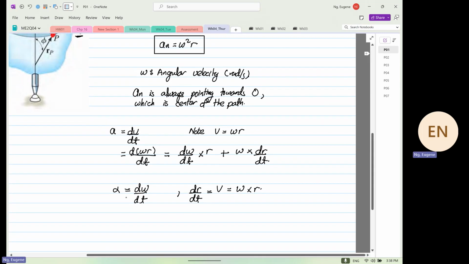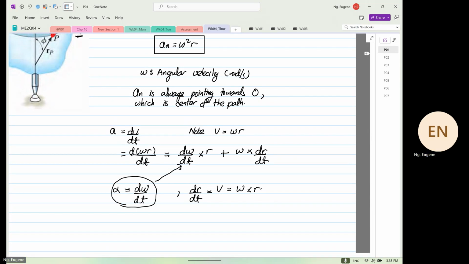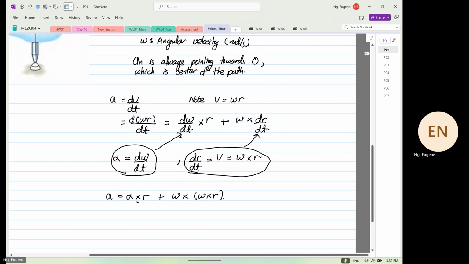So we are going to substitute this term over here into here, and we're going to substitute this term over here into here. So at the end of the day, our acceleration term is equal to alpha cross r plus omega cross r. Okay. Now this is not multiply, this is cross. Okay. So later on, we are going to deal with this aspect.